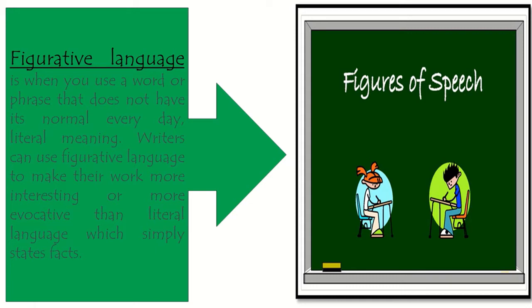Well, in truth, there is a wealth of these literary tools in the English language, but let's start out by exploring some of the most common figure of speech examples. I hope that you are excited to learn new things and to learn more about figures of speech.